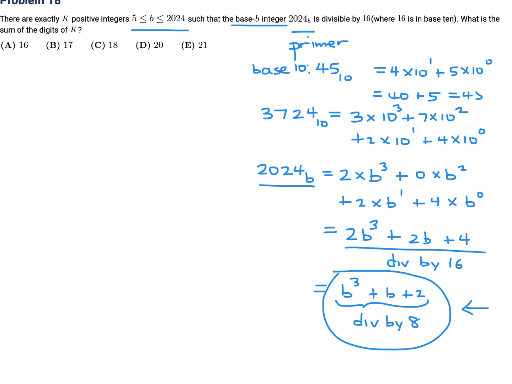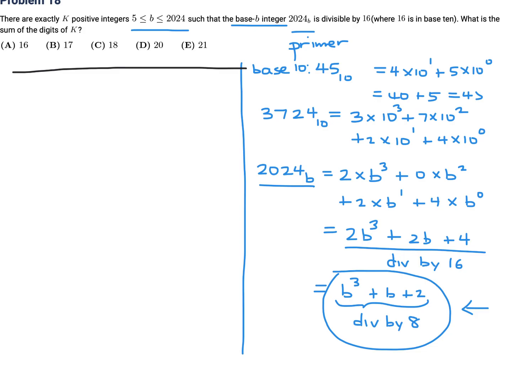That's a lot of numbers. From 5 to 2024 inclusive, that's about 2020 numbers, and obviously we're not going to go through every single one. So what I think you have to do in this question is look for a pattern.